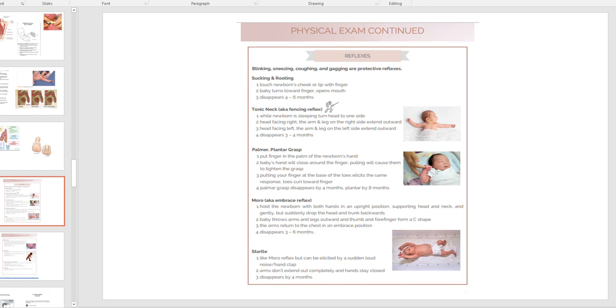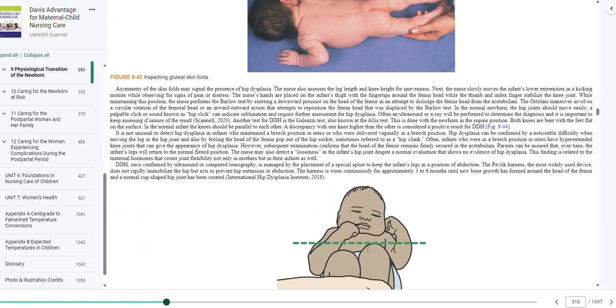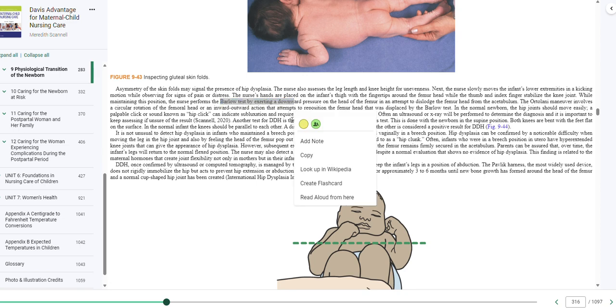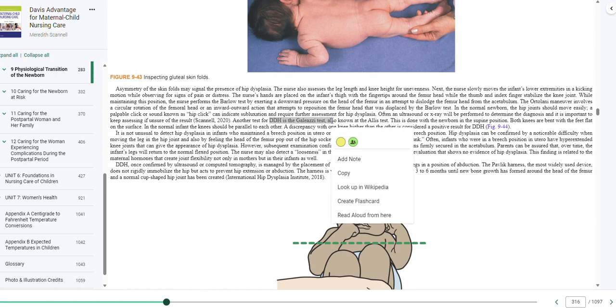On page 317, it's talking about the Barlow test here. Just be familiar with this term. And then the Ortolani test. All right, and let me find it on here. Right here. And this is hip dysplasia, okay?